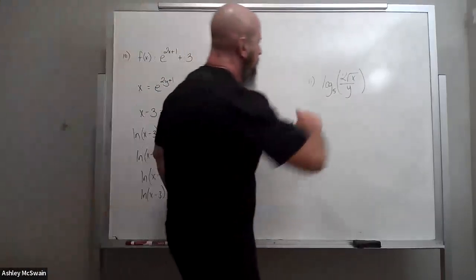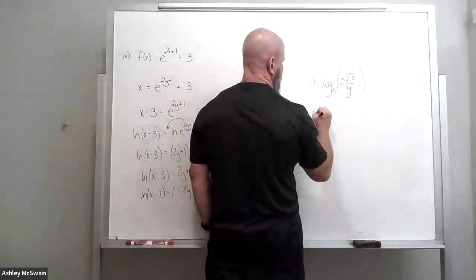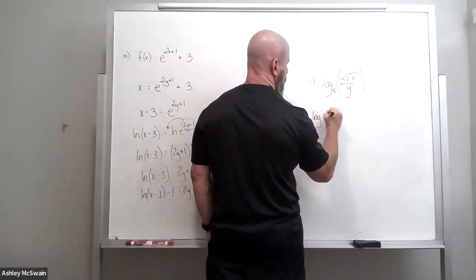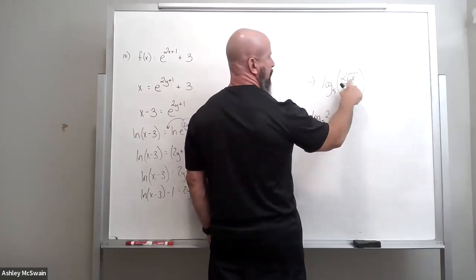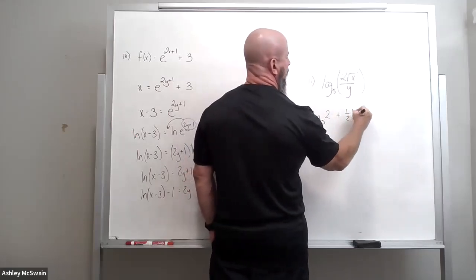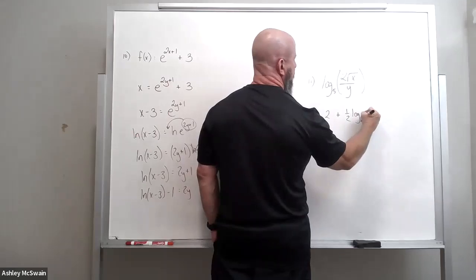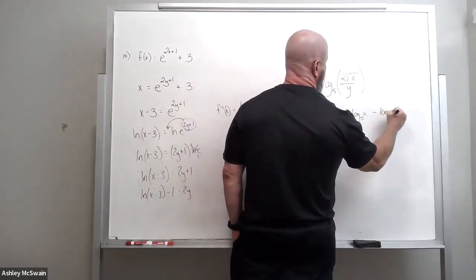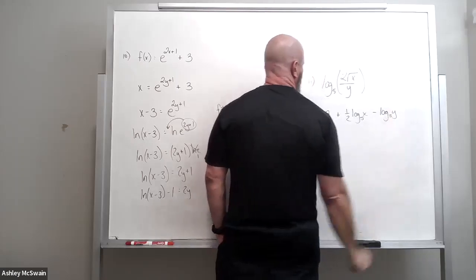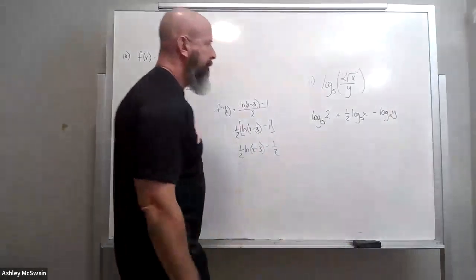And that being said, this would be log of 2 base 5 plus, because that was 2 times 1/2 log of x base 5 minus, since it's on the bottom, log of y base 5.